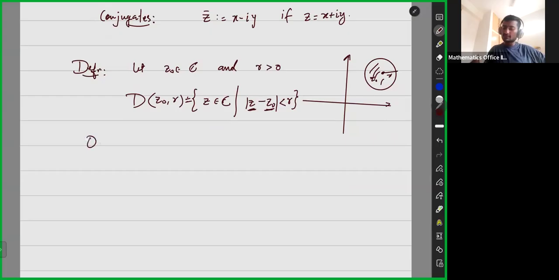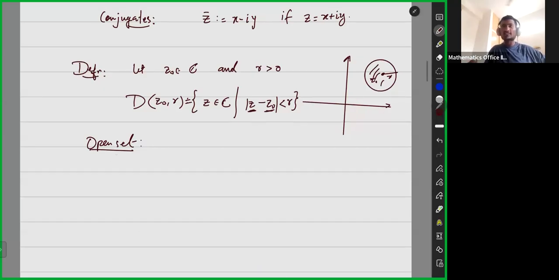So after this we defined open sets. I think if you need I can mention them, but open sets and closed sets, etc. Should I define or should I leave this?